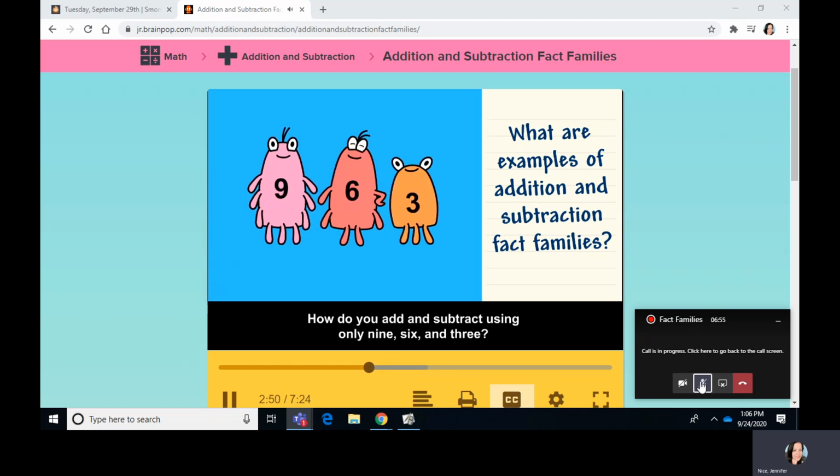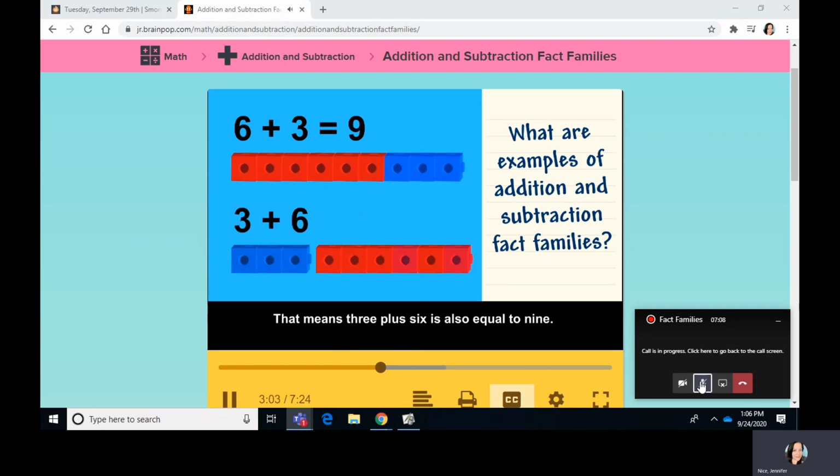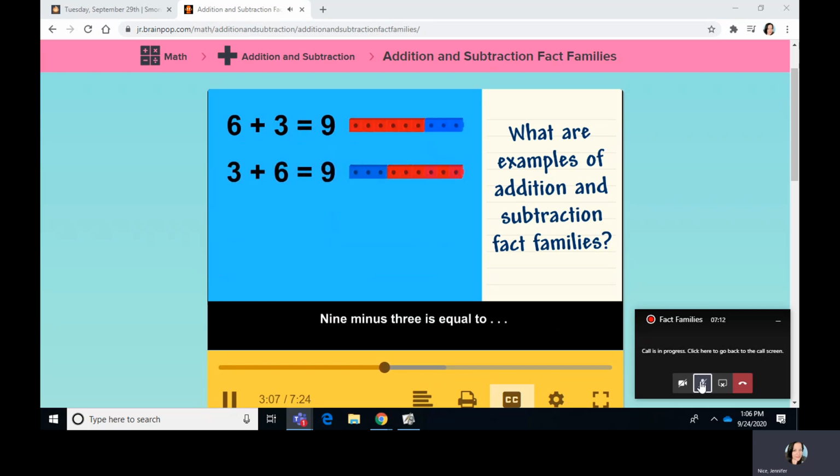Let's see. How do you add and subtract using only 9, 6, and 3? Well, I know 6 plus 3 is equal to 9. That means 3 plus 6 is also equal to 9. 9 minus 3 is equal to 6.